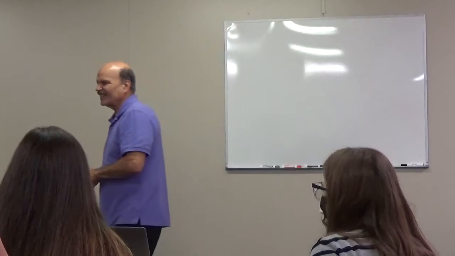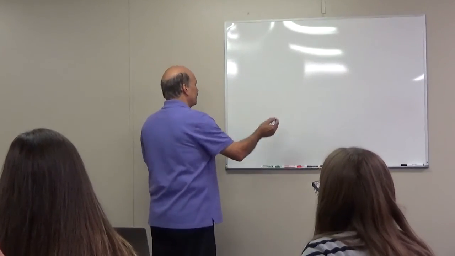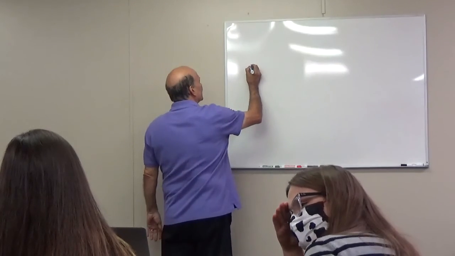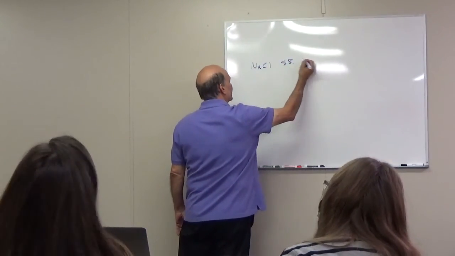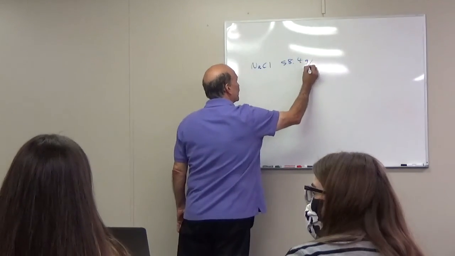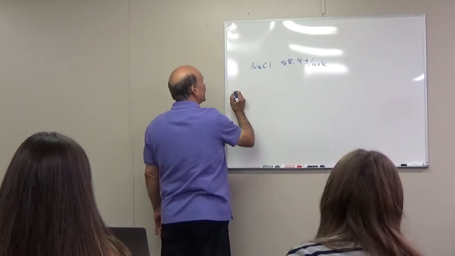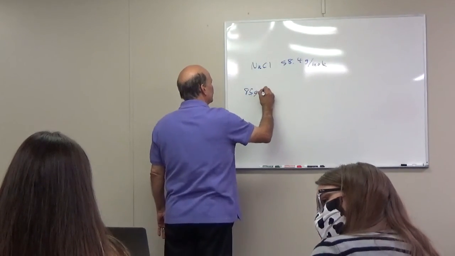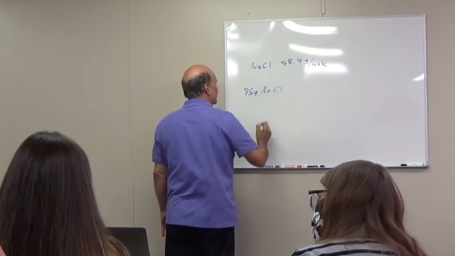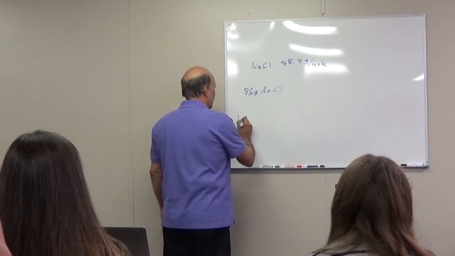If you're going to dissolve sodium chloride, we already said it's 58.4 grams per mole. You look that up by adding up the atomic masses, as we did earlier. So let's say you had 85 grams of sodium chloride, and you're going to dissolve it in 1.5 liters.